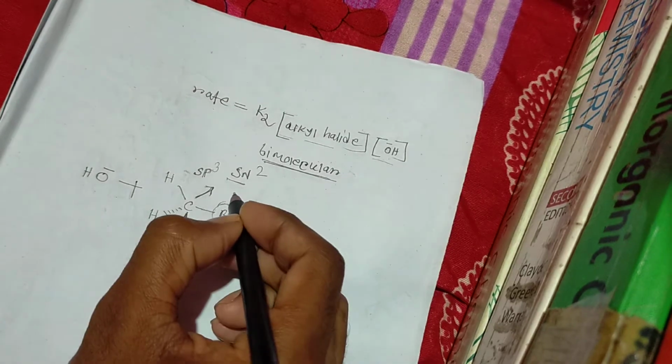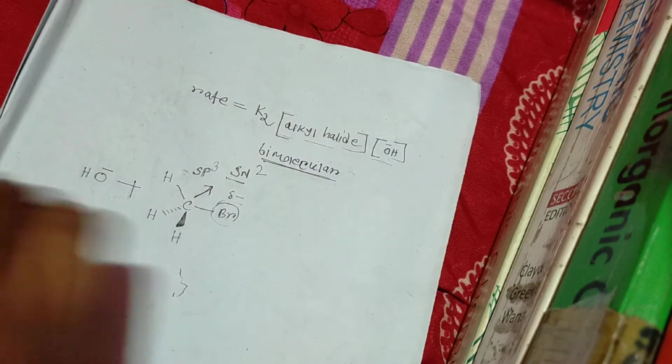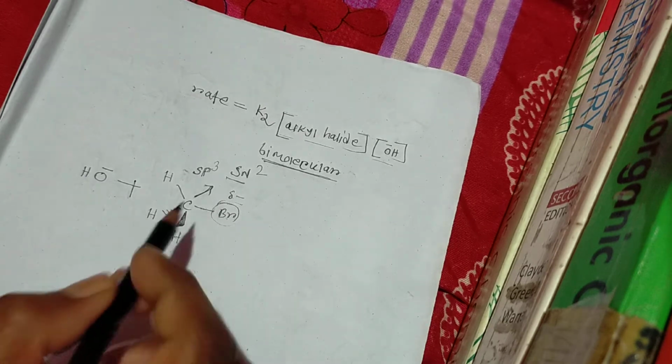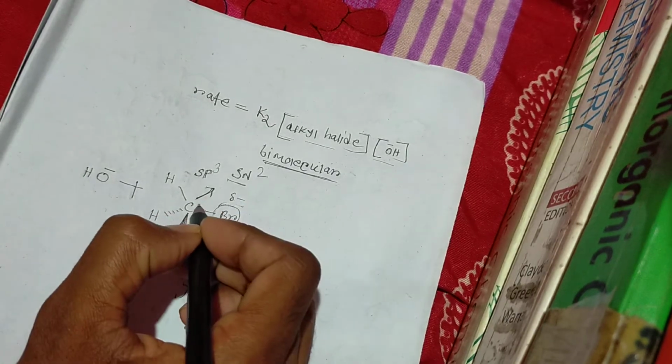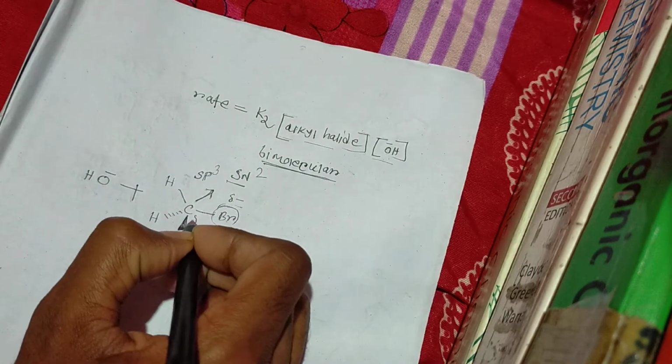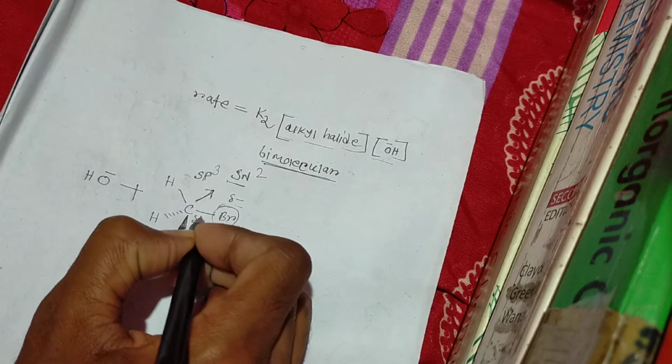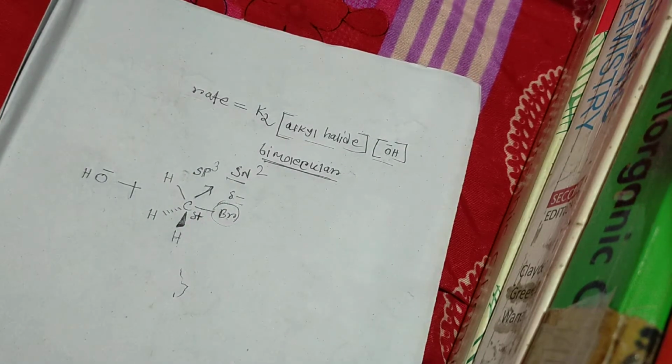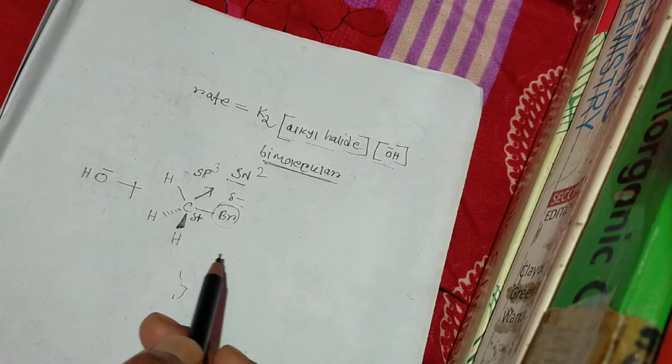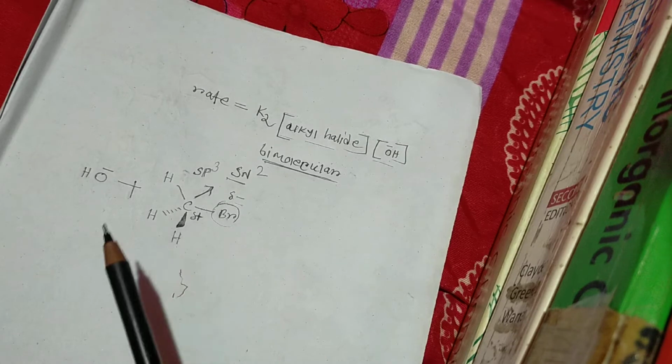Hence bromine gets a delta minus charge, and the carbon has electron deficiency.